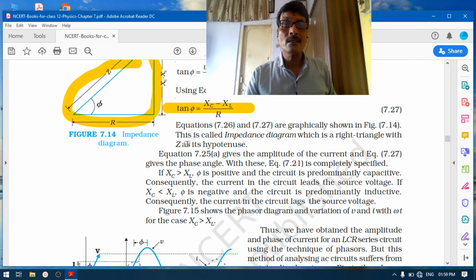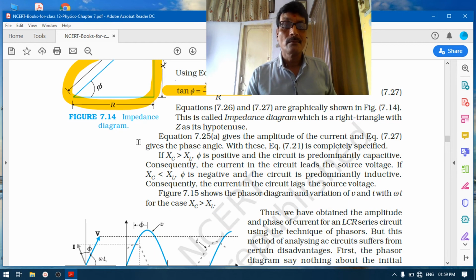Now equations 7.26 and 7.27 are graphically shown in figure 7.14. This is called the impedance diagram, which is a right triangle with Z as its hypotenuse. Equation 7.25a gives the amplitude of the current and 7.27 gives the phase angle. With this, equation 7.21 is completely specified.